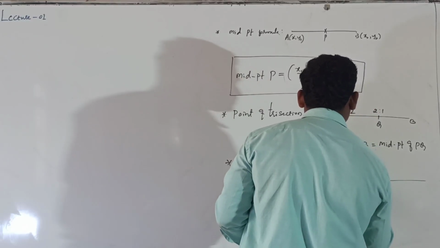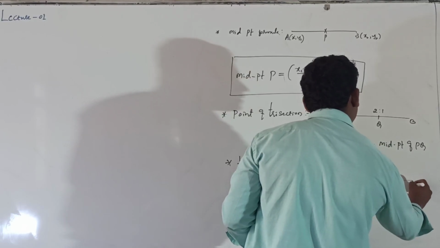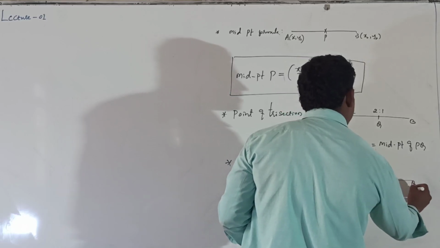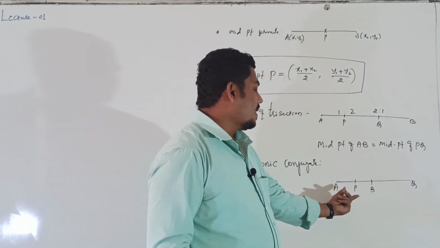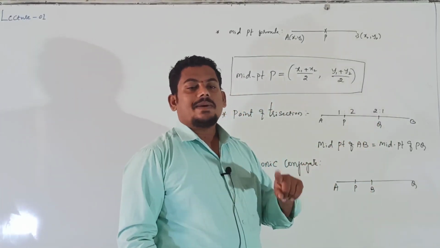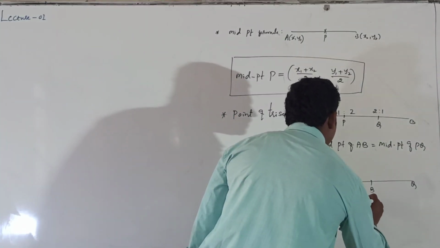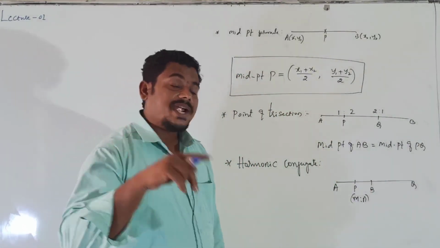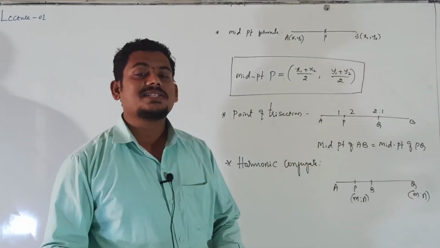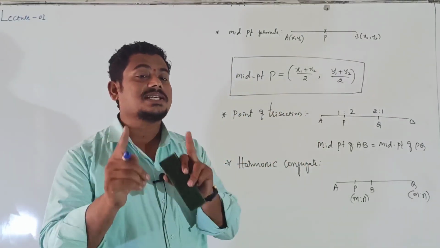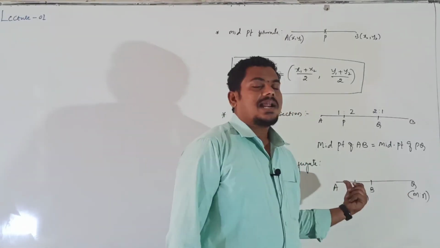Just take line AB, it is P and it is Q. If point P divides AB internally in the ratio of m:n and point Q divides AB externally in the ratio of m:n, which means one point divides internally, the other point divides externally, then we can say that the given 2 points are harmonic conjugates of AB.